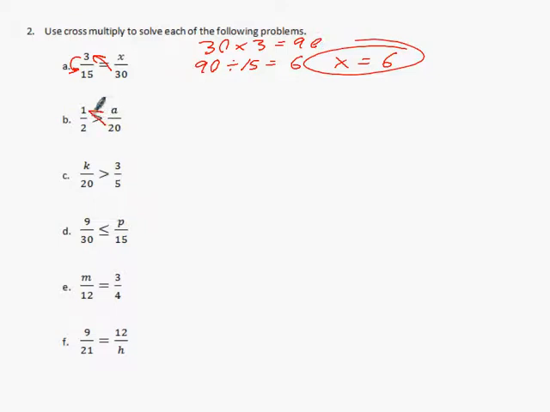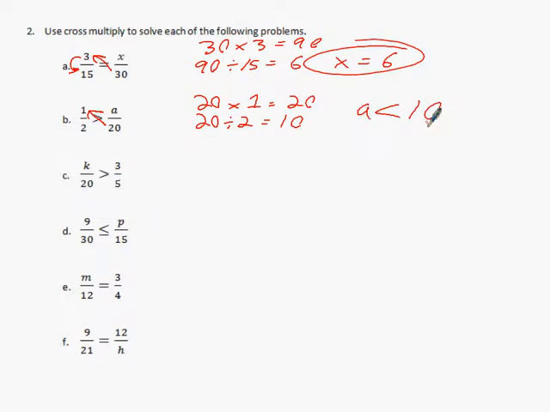B. 20 times 1 is 20. 20 divided by 2 is 10. So A is less than 10.